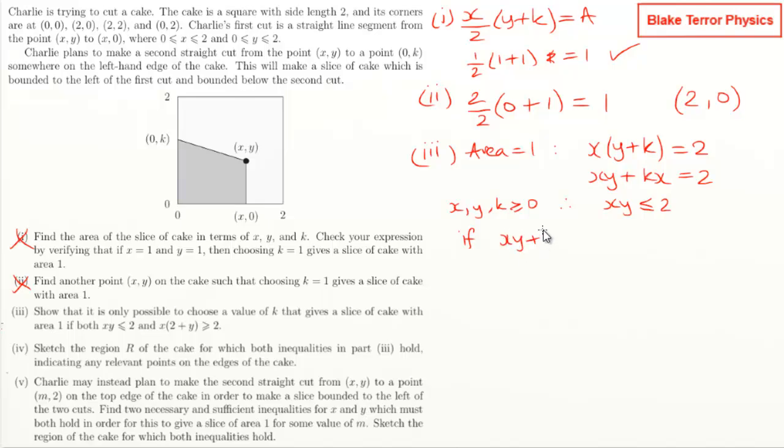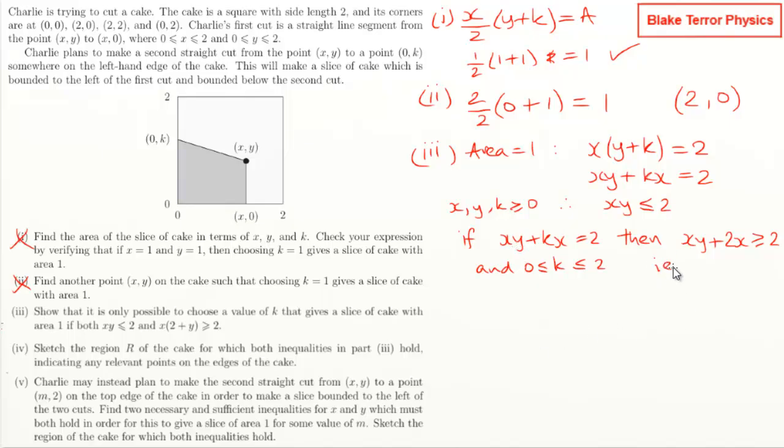So if xy plus kx equals 2, and k is between 0 and 2, then xy plus 2x must be greater than or equal to 2, because we can only be increasing it. We can't be making it any smaller if we've got k at the maximum value.